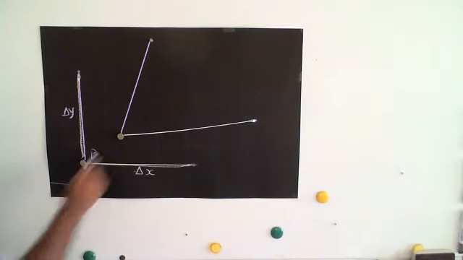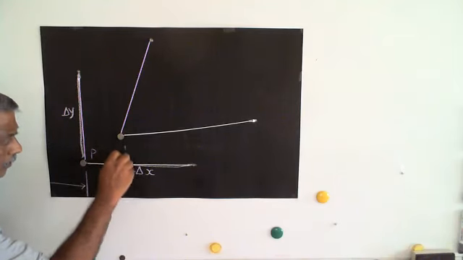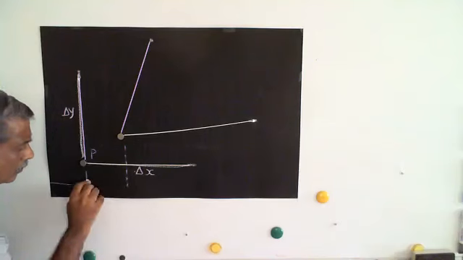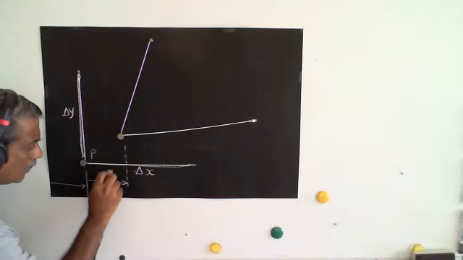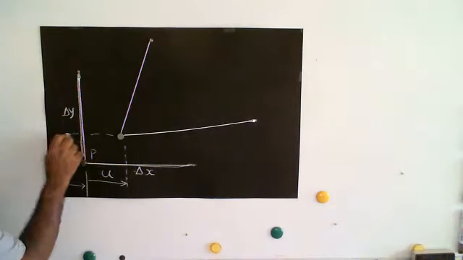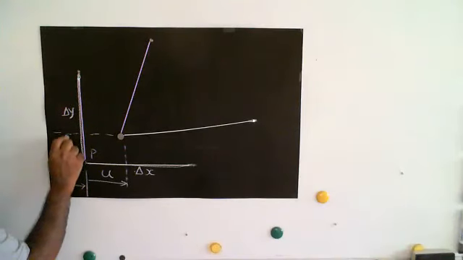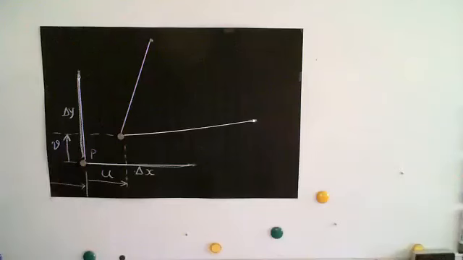If this point has moved by a certain extent, and let me call that u, the same point has moved in the vertical direction by v. So far, so good. Is this clear?